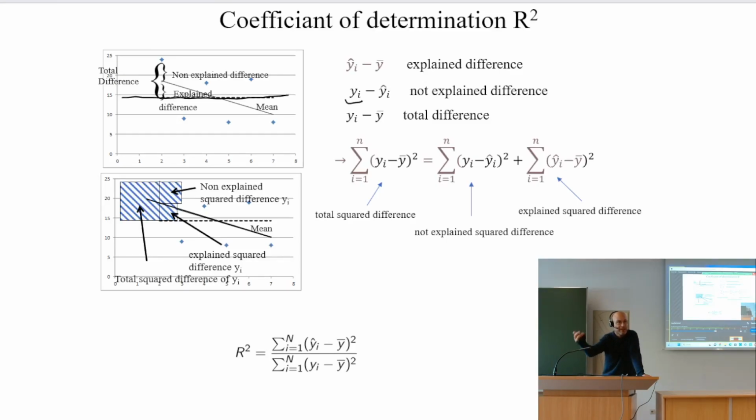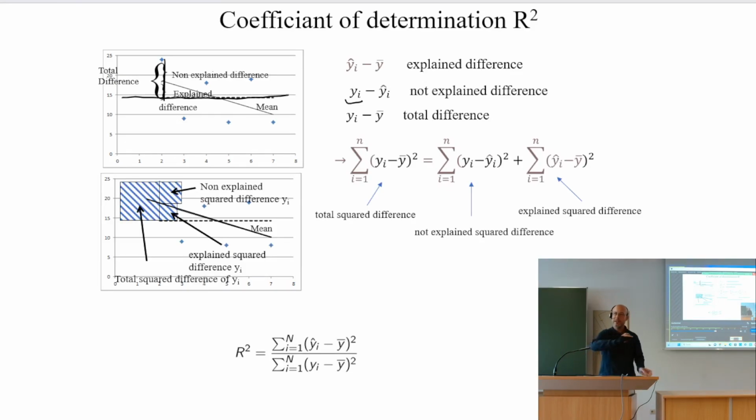And then we have a distance of every data point with respect to our average. This would be our so-called total distance with respect to our representative of this distribution.